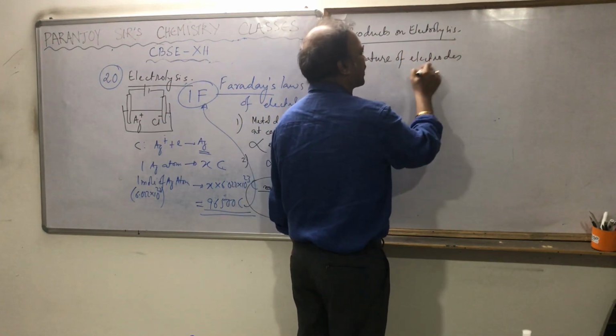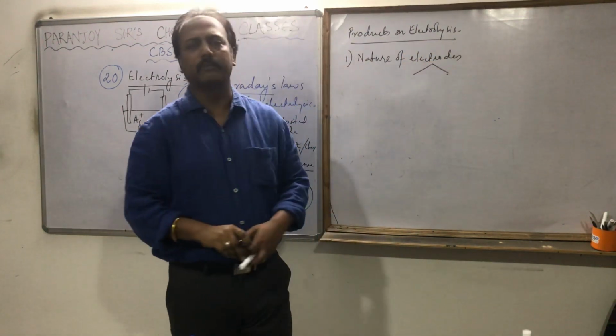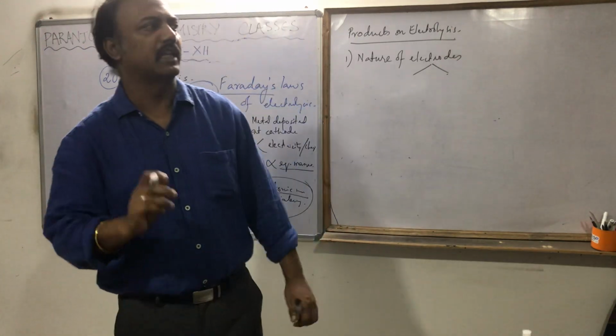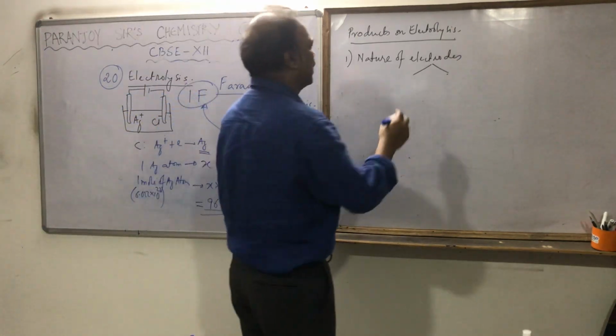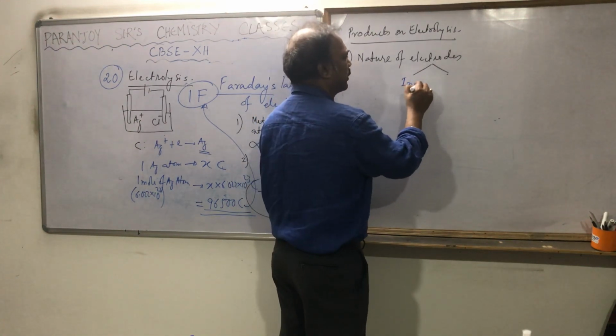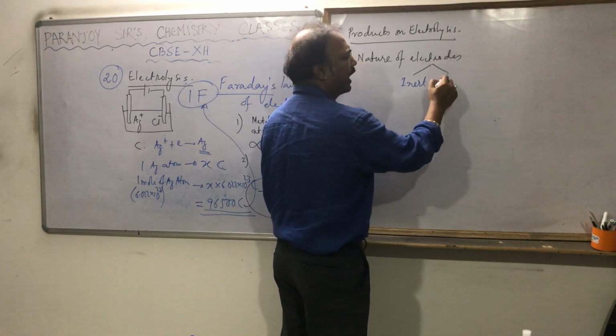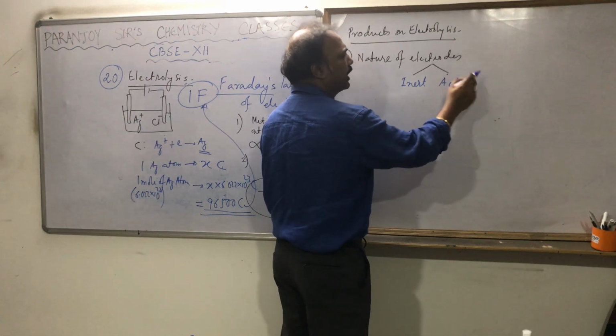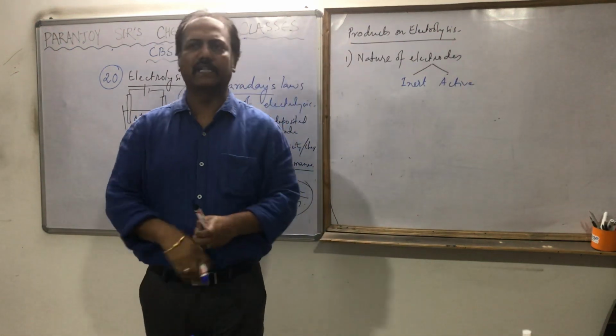Electrodes can be of two types. Here mainly we are going to deal with one type. Electrodes can be inert or active.